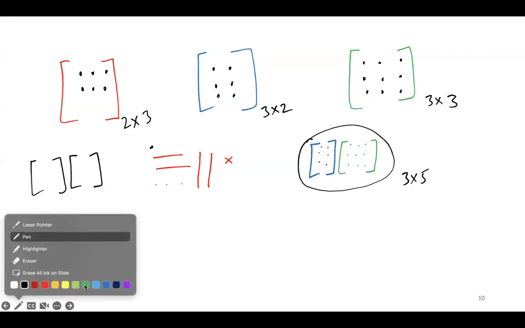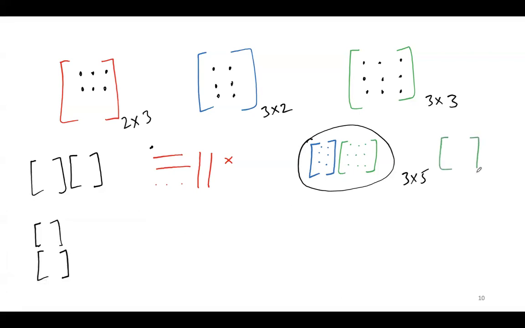I could have done it the other way also. I could have my green matrix first, and then place the blue matrix after it. That would also be a 3 by 5 matrix, but it's going to look different. I have different rows and different columns in that order, but both of them are doable. What we're doing here is called C bind.